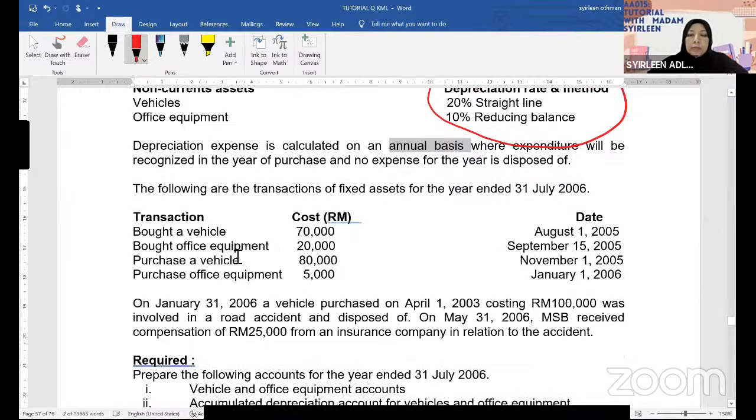If you look here, the transactions are for the year ended 31st July 2006.